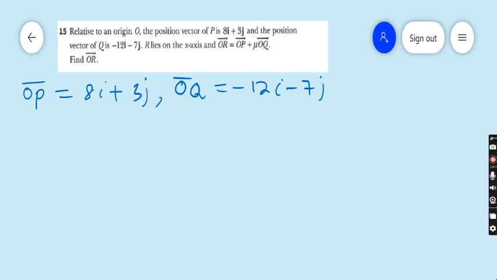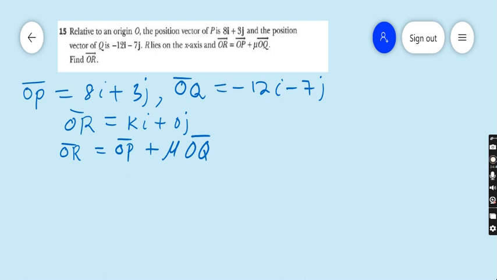This time R lies on the x-axis. Therefore position vector must be ki plus 0j, because on x-axis the vector j is 0. Now according to the condition, OR is equals to OP plus mu OQ.